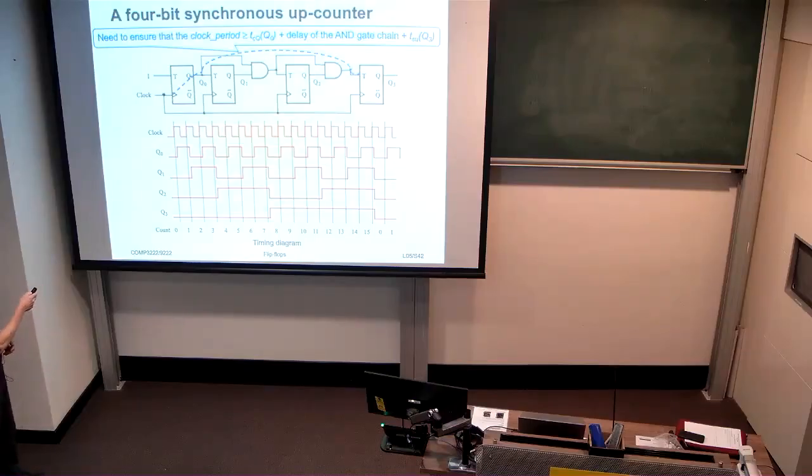So we have to make sure that the clock period of this design is greater than the clock to Q propagation delay of the least significant flip-flop as well as the delay of the AND gates that we see here, plus the setup time on the most significant flip-flop. Okay, so that's a limit on how quickly we can drive this counter.